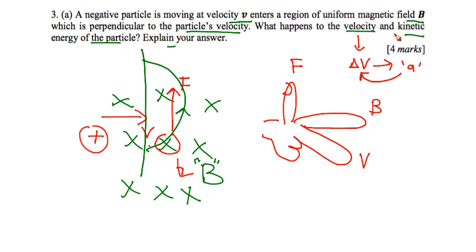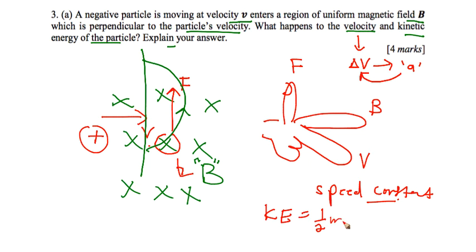But the value of the speed is constant, right? So if you calculate the kinetic energy, E equals half mv squared, the value of the speed v is constant, but the direction of the particle changes, because the particle is moving in a circular motion.